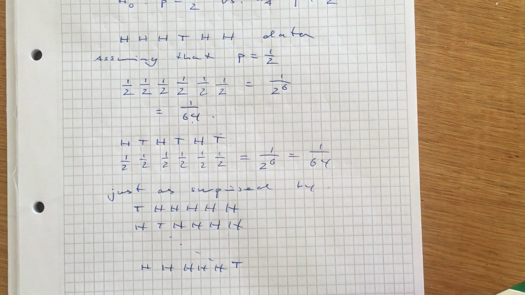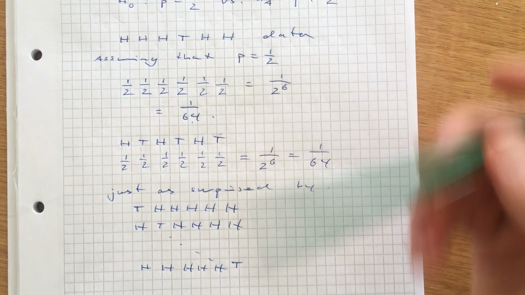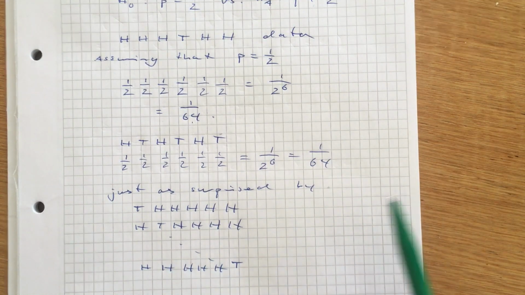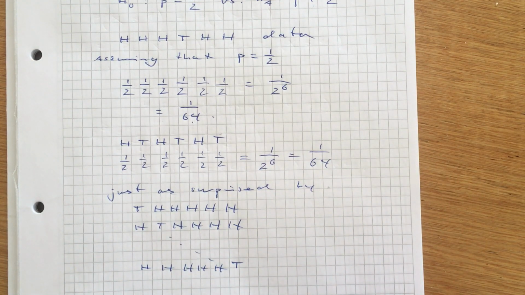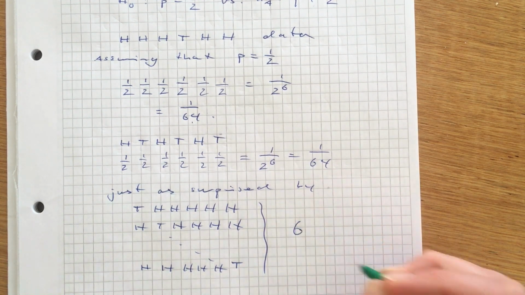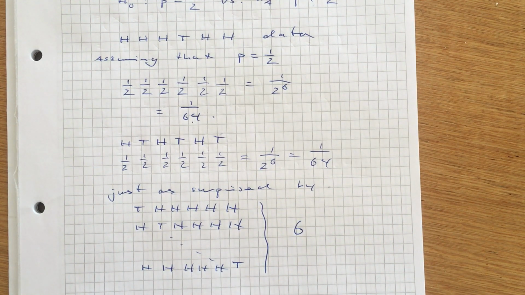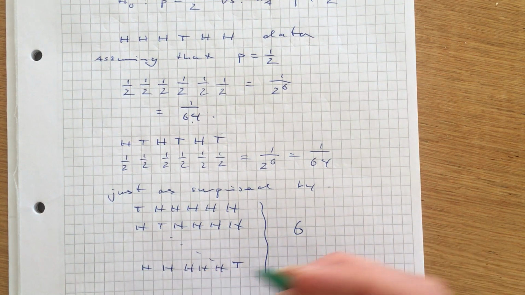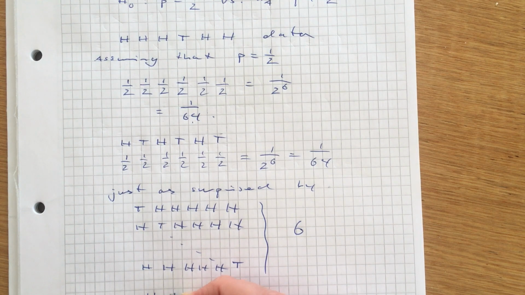All these sequences would surprise us just as much as this sequence, and there are 6 such sequences. But we would also be equally surprised by all the sequences where we got one head and all the remaining 5 were tails. So we will be just as surprised by sequences of this form.